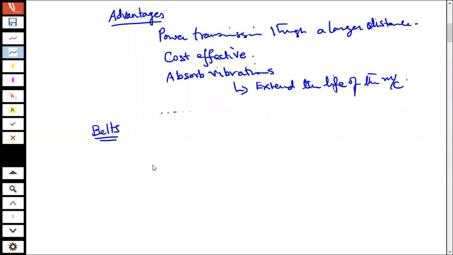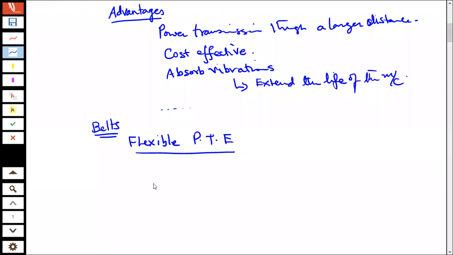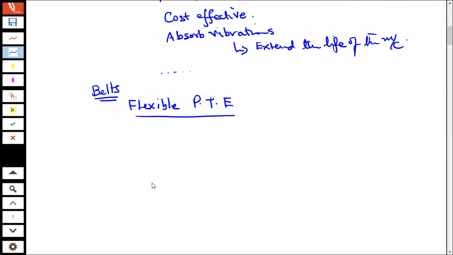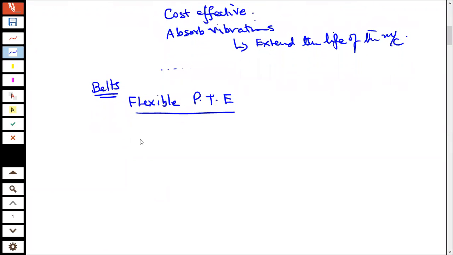Belts are flexible power transmission elements, and these are used when, again, you have a larger distance. They can take power from one place to another, and generally belts are mounted on pulleys. So it's not only belts, basically it is pulleys and belts that we will be talking about.